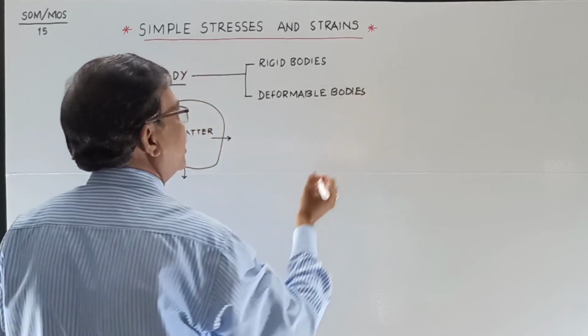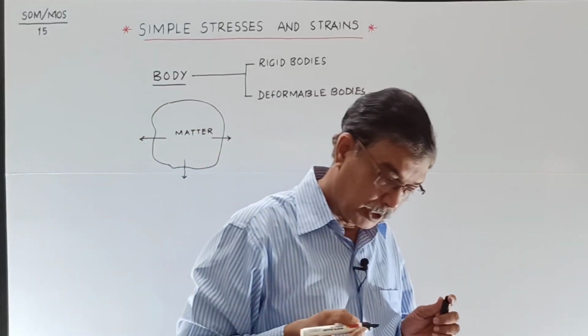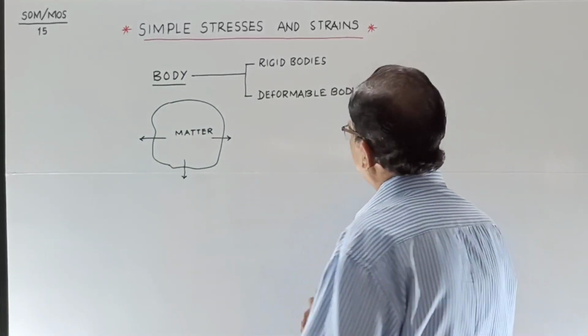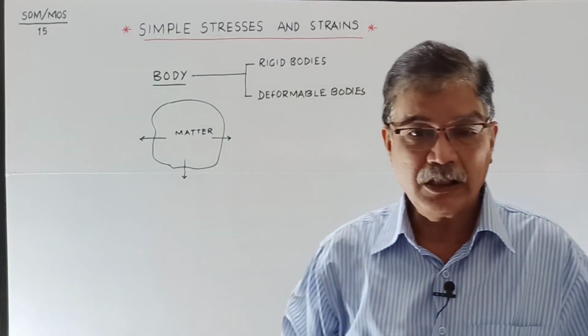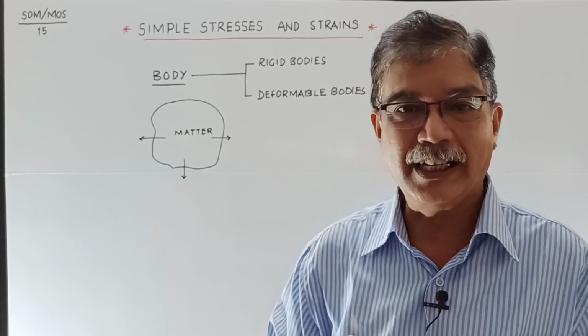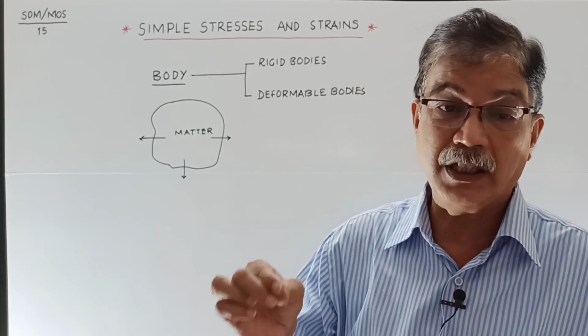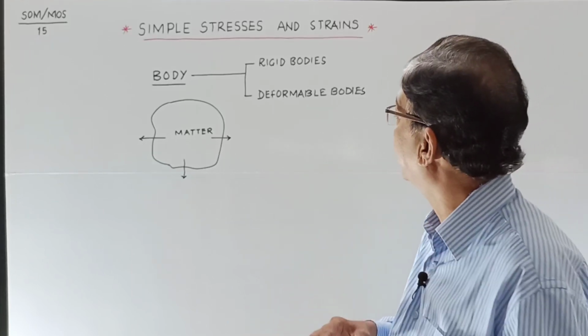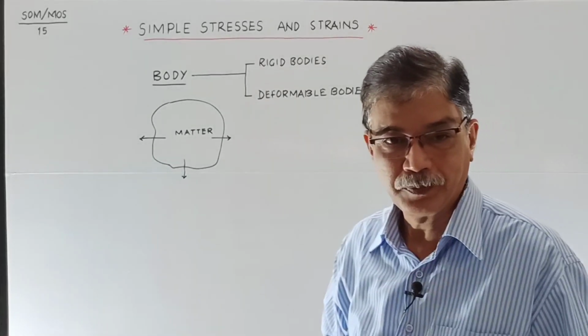So what do we mean by a rigid body? The body which does not change its shape and size even after the external load is applied is known as rigid body.